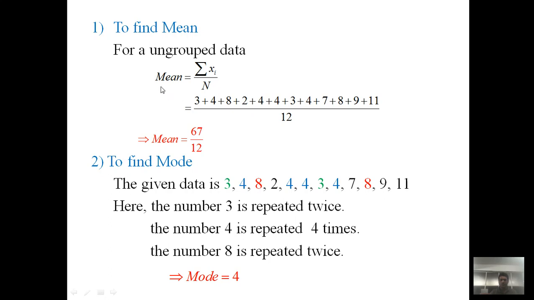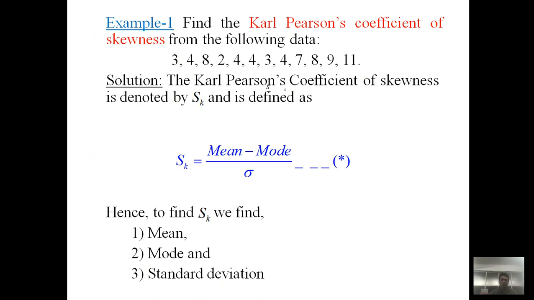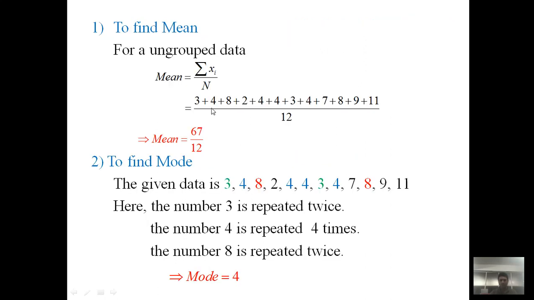The mean is the sum of all xi divided by the total number of observations. So we write 3 plus 4 plus 8 plus 2 and so on plus 11 in the numerator.